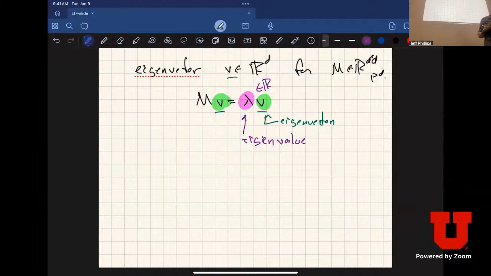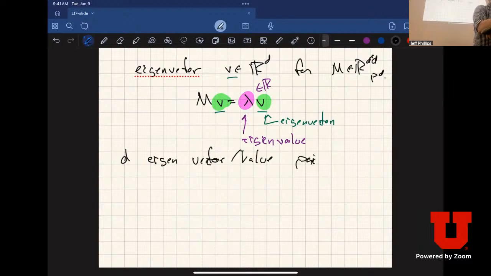Some eigenvectors will get scaled to be much bigger, some will get scaled to be smaller. Okay, eigenvectors, eigenvalues. For a positive definite matrix, there are going to be D eigenvector-eigenvalue pairs: V1, lambda 1, V2, lambda 2, up to Vd, lambda d.